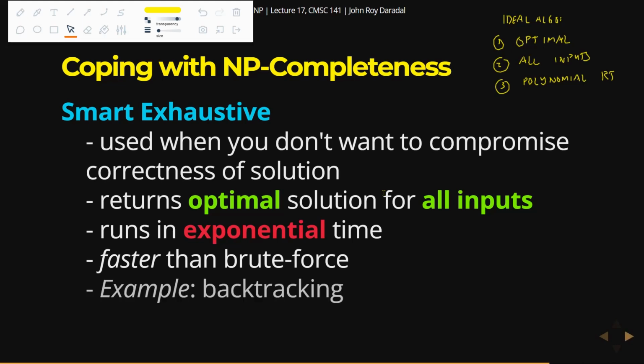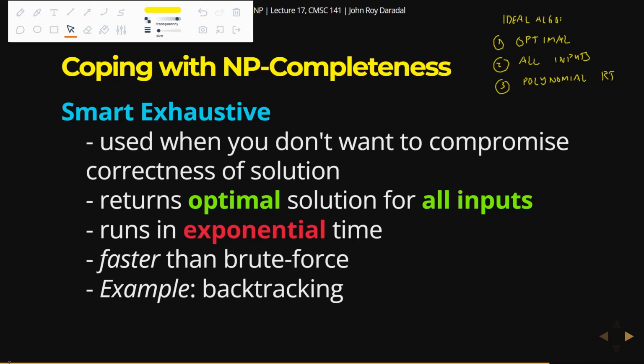So you can have things like backtracking, which exits right away if it sees that this path that I'm currently taking will not lead to a solution, so I can backtrack earlier. I don't have to look at all possible solutions. I could just focus on the ones that are feasible.